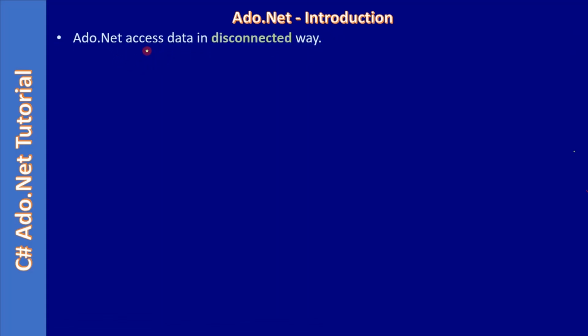So ADO.NET accesses data in a disconnected way. Disconnected way in the sense it will retrieve the data by connecting to the database. After that, the connection will terminate. You can use the ADO.NET API to interact with the data which was retrieved from the database.